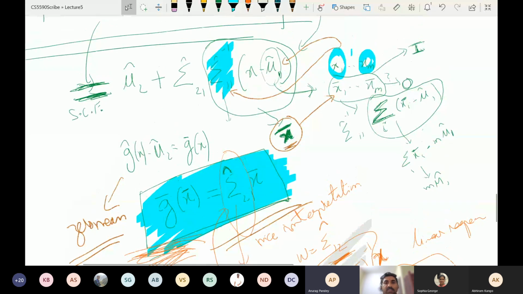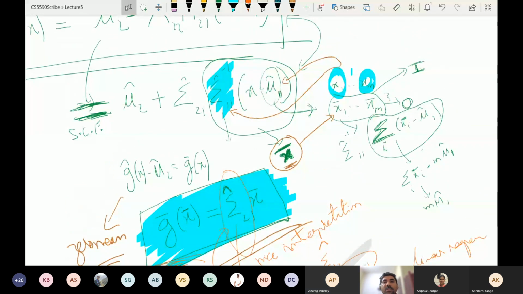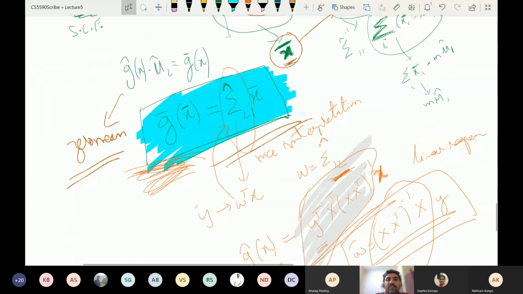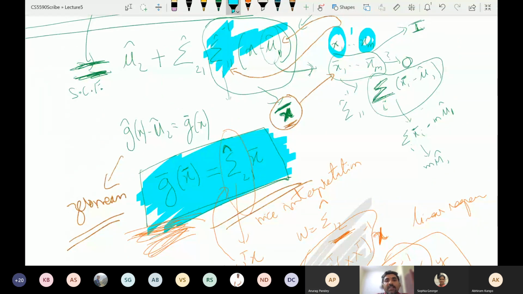Yes, that's all. When a new x is given, compute x bar using this normalization formula, then multiply with the covariance of the outputs and inputs, and add the mean of the outputs. That will give you the prediction value. As simple as that.